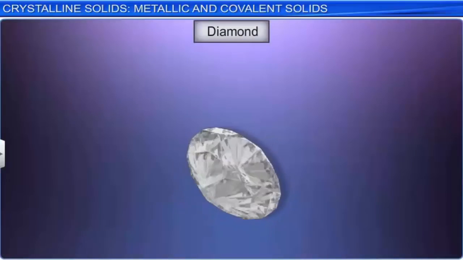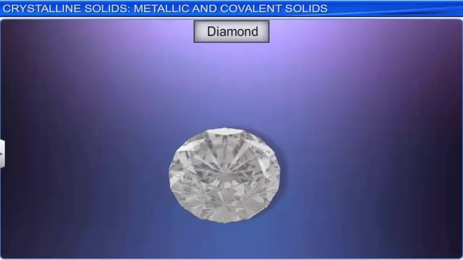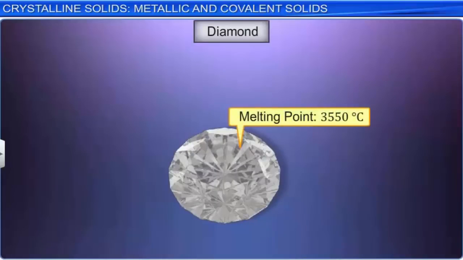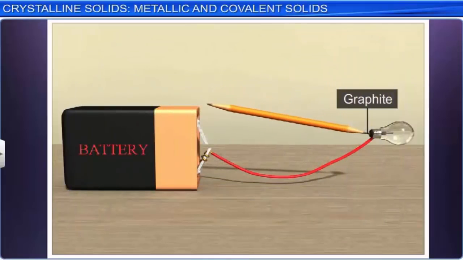Note that diamond is the hardest substance known and has a melting point of 3550 degrees Celsius. On the other hand, graphite is an exceptionally good conductor of electricity and is extremely soft.